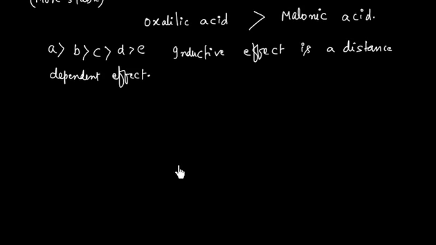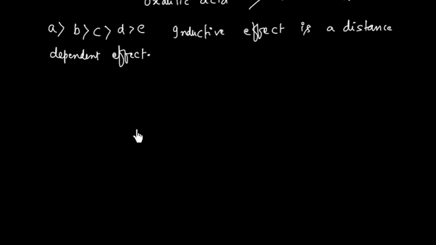Now let us discuss acidity of maleic acid and fumaric acid. So we have this compound, one time we have cis. Another time, so this is called maleic acid.